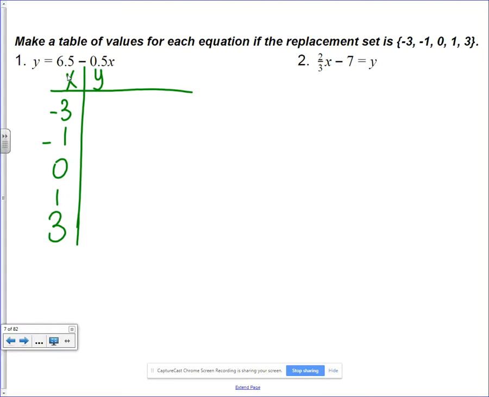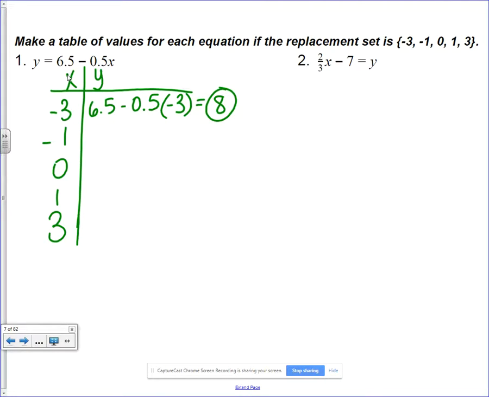So folks, I'm going to leave the y equals off for a second, and I'm going to put 6.5 minus 0.5 times -3. I took out the x, I put in the -3. Now grab your calculator, type it all in, and then when you hit equals, it'll tell you what y is. 8, he says. So this answer is 8.